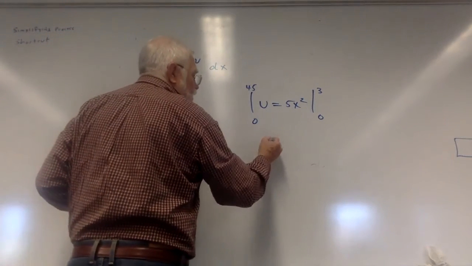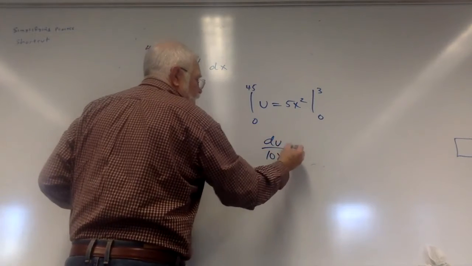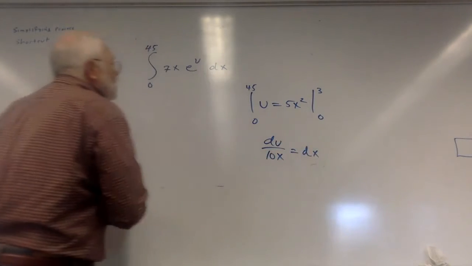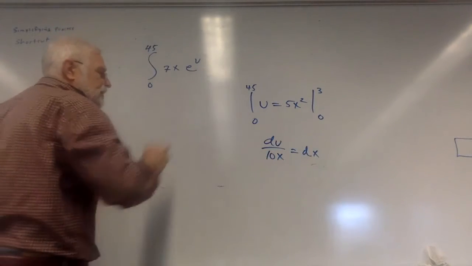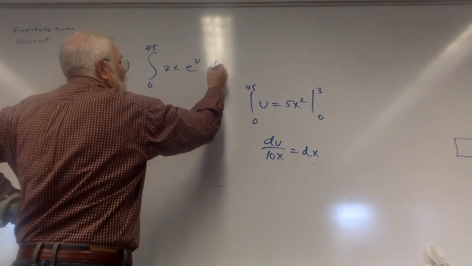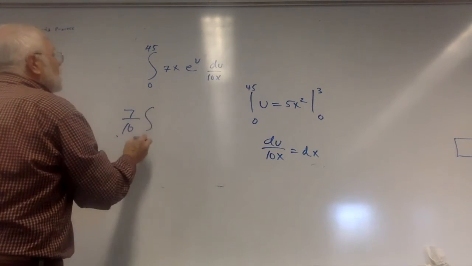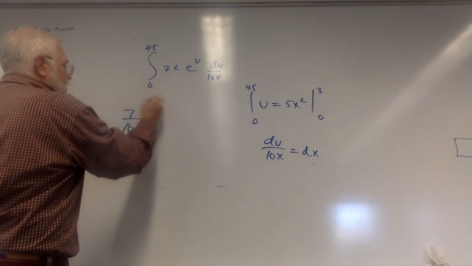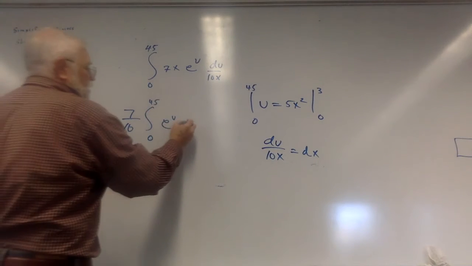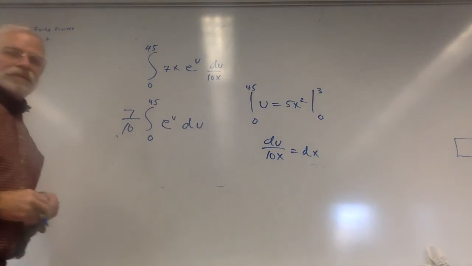Continuing on here, we've got du over 10x equals dx. So I've got a new substitution for dx. It's du over 10x. I can see that 7/10 comes out. 0 to 45, e to the u, du is my new integration.